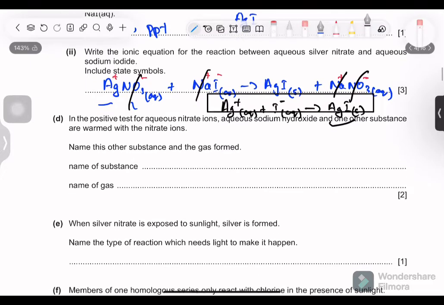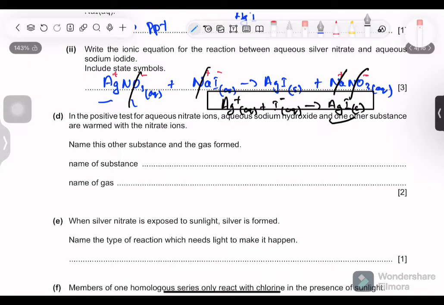Okay. Next, in the positive test for aqueous nitrate ions, aqueous sodium hydroxide and one other substance are warmed with the nitrate ions. Name this other substance and the gas formed. This is again in the notes for use in qualitative analysis, test for ions. In the nitrate ions test, aqueous sodium hydroxide is heated with what?